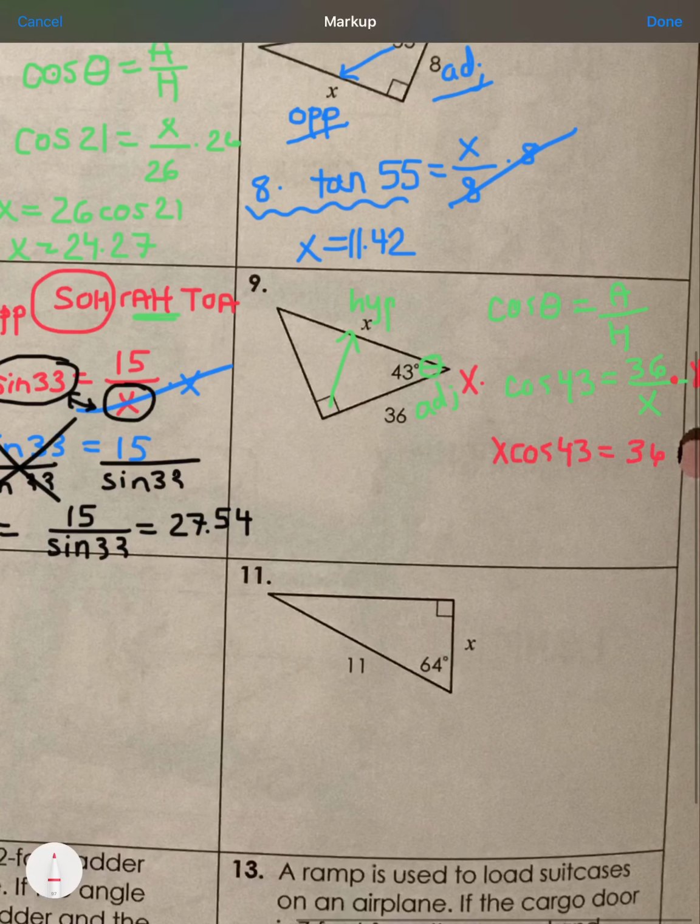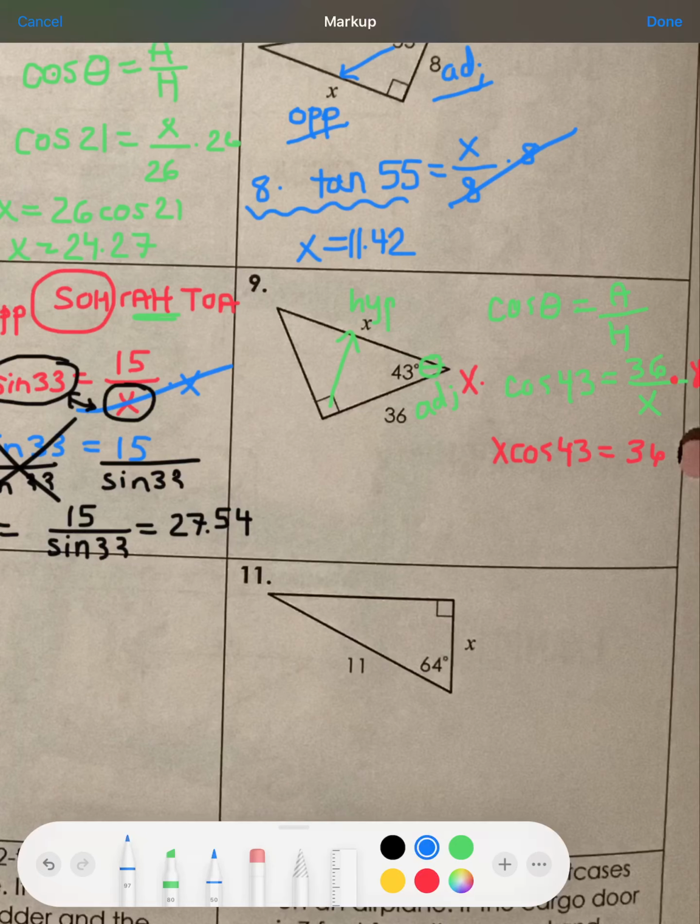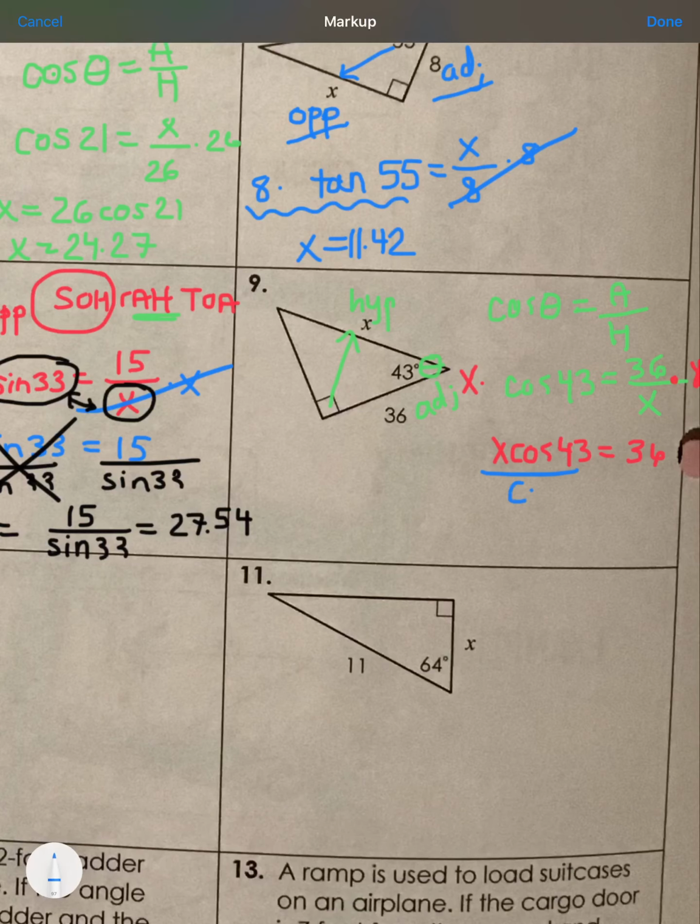So this is another one of those 2-step problems where we multiply by the denominator, multiply by x on both sides, and then we have to finish getting the x by itself, so we divide by cosine of 43.